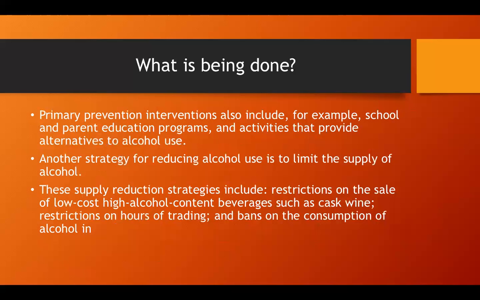So cask wine, for example, is a very cheap alternative for people to get intoxicated. So as it says there, it's low cost. It's roughly about $10 for 8 litres, 7 litres, but it's high alcohol. Okay, so that encourages people to get intoxicated at a lower price.